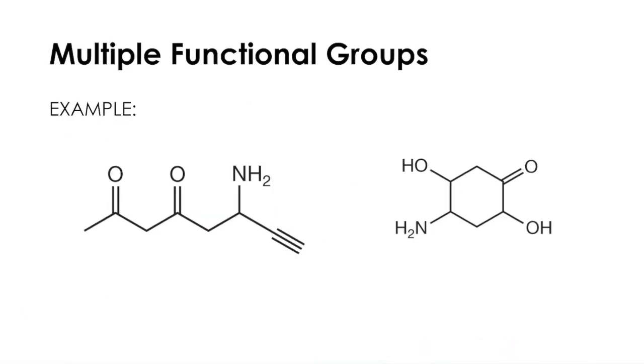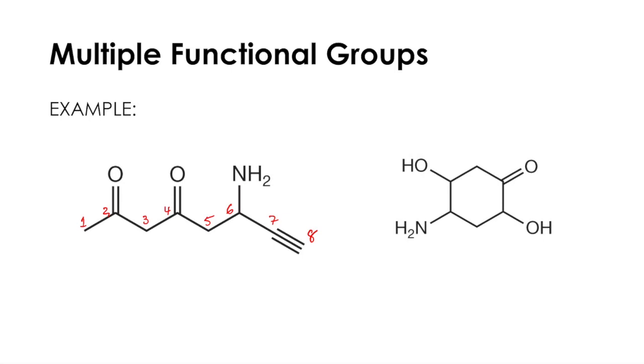And so finally, let's just go over a couple more examples where we have multiple different functional groups on the molecule. So for this first one, if we want to put the highest priority group, which are the ketones, at the lowest index, we're going to start the numbering here, left to right. And then keep going down the triple bond like that.